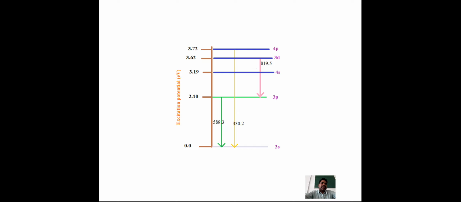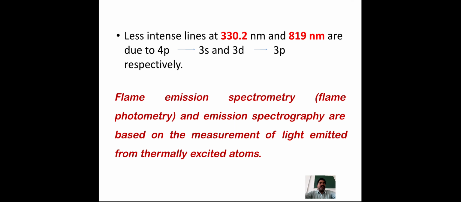From 3d to 3p, deactivation liberates light of 819 nanometers. Among the three, 589.3 is the D line of sodium, which is much more intense because the majority of the population exhibits this electronic transition. The less intense lines at 330.2 and 819 nanometers are due to 4p to 3s and 3d to 3p respectively.